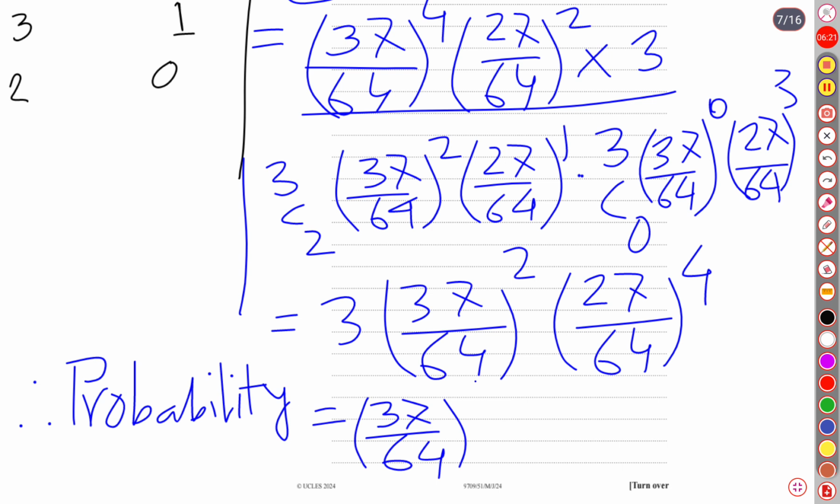It is 4 times, and 27 over 64 is 2 times, into 3.